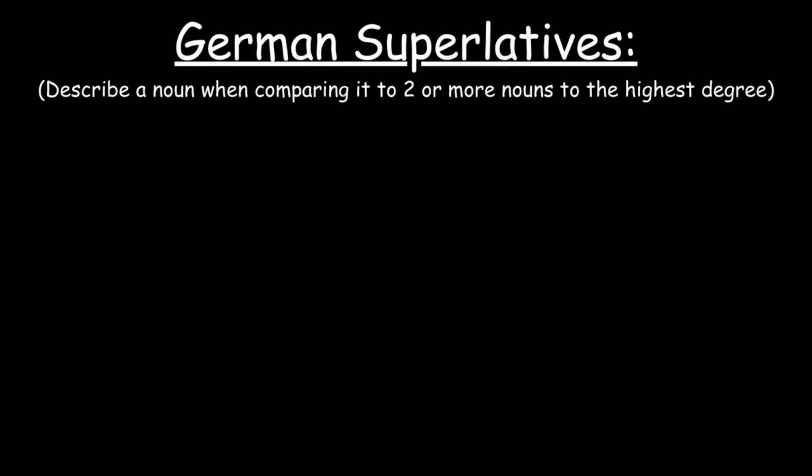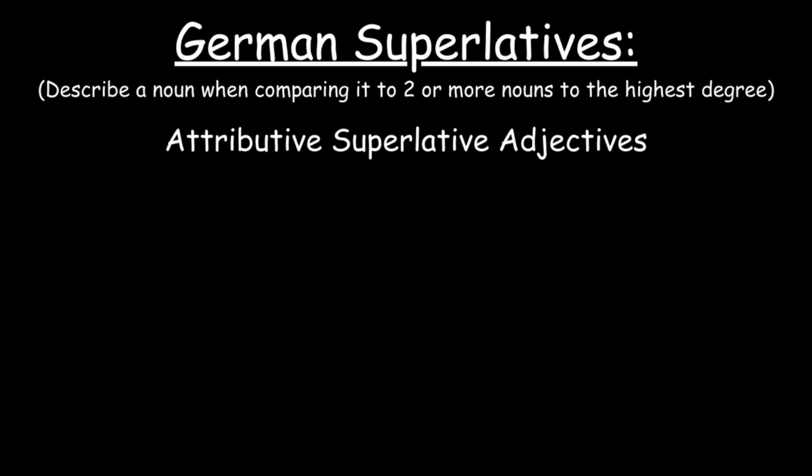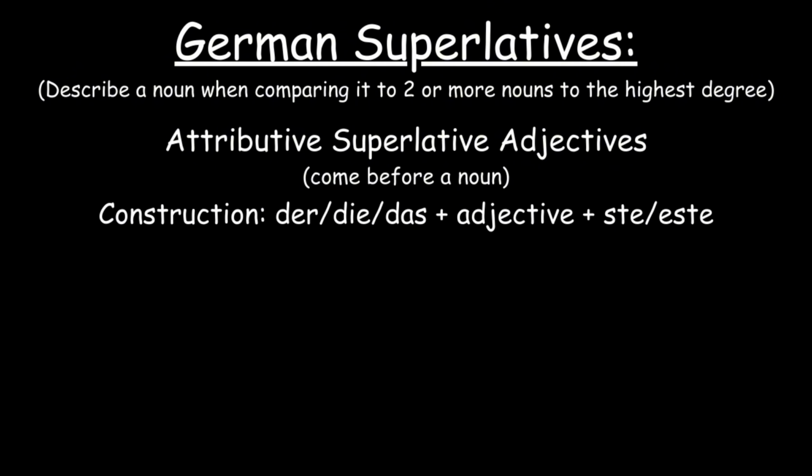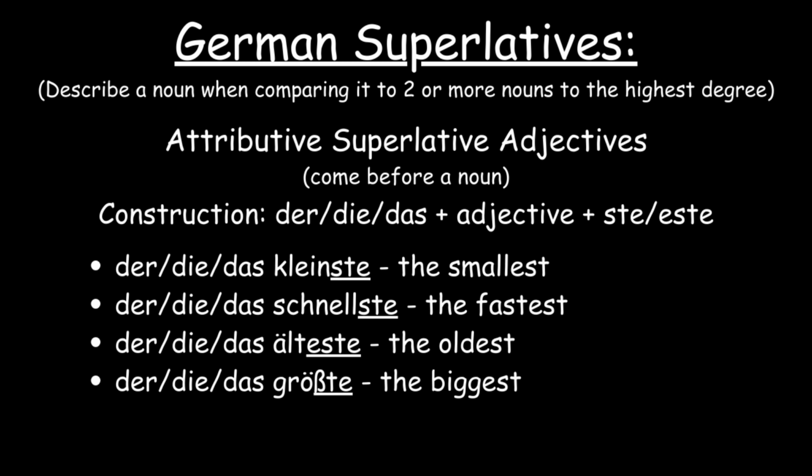Overall, this is how superlatives work in context, but these were all predicatives that work with no noun. This is important to know because German also has attributive superlative adjectives that follow different rules, coming before a noun and modifying it. For attributive superlatives, the pattern looks like this. We use a definite article, der, die, das, depending on a noun's gender, an adjective, and then we add -ste or -este when an adjective comes before a noun, like der, die, das kleinste, älteste, größte.